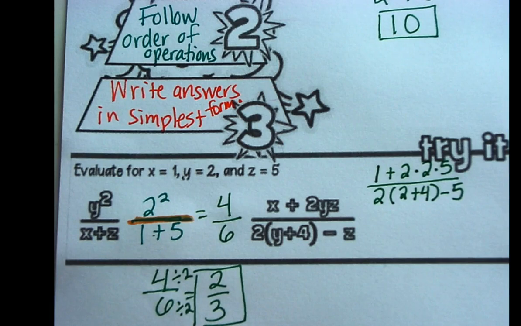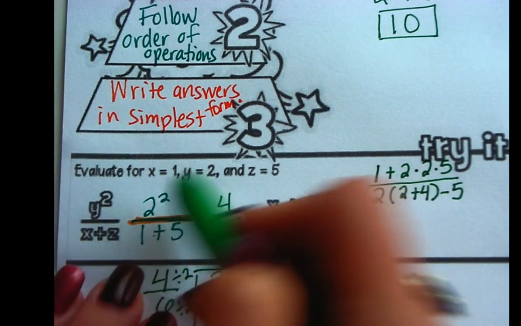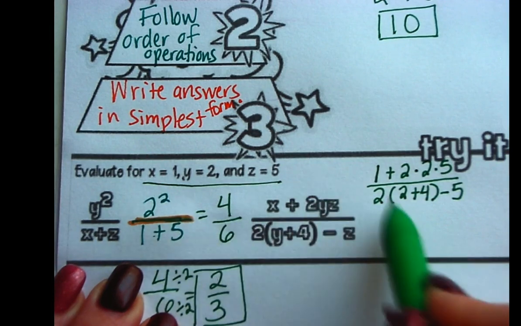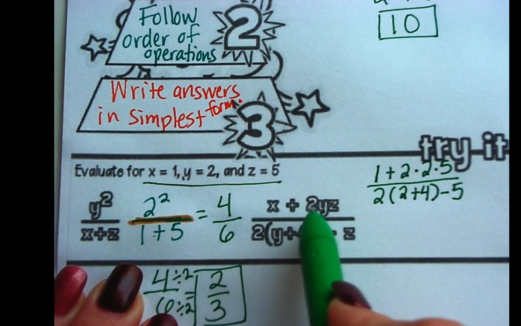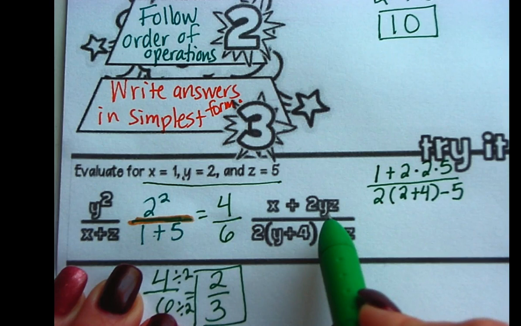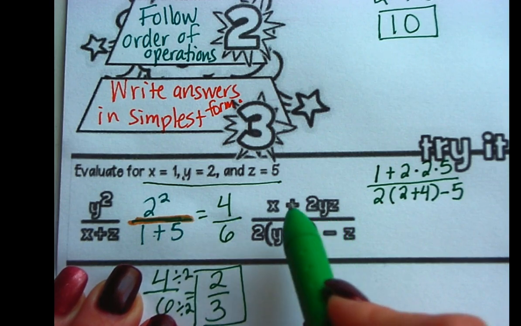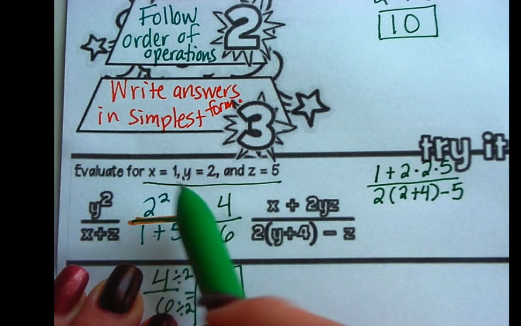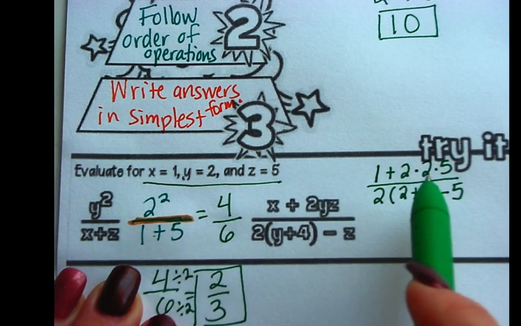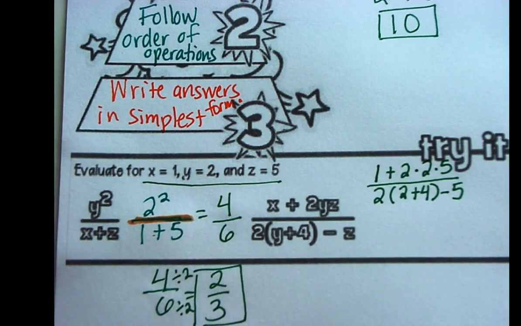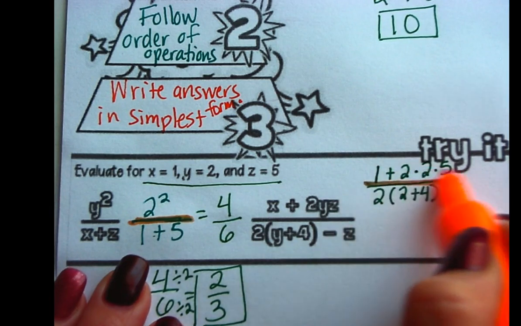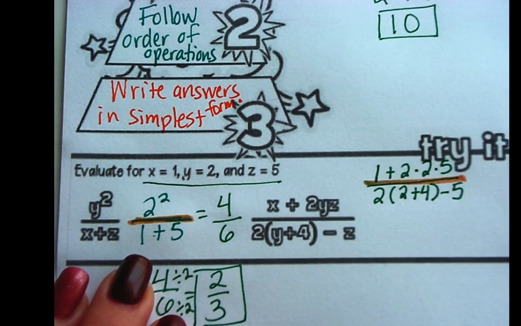So all I did was take this information here and I plugged it in for the variables. I substituted, just like we did with the models when we substituted the numbers by rolling the dice. Now we're being given the numbers and we just plug them in. And so again, for this one we have our grouping symbol here and we're going to just do what's there.